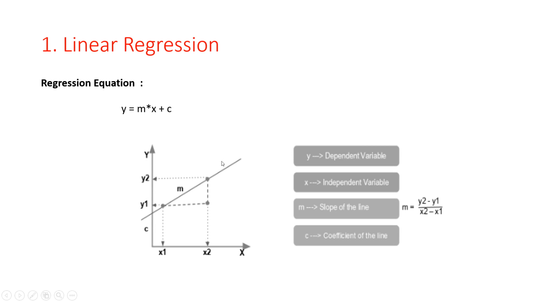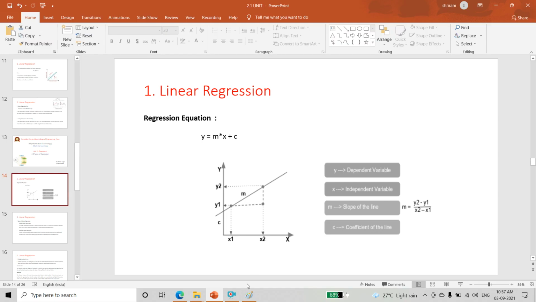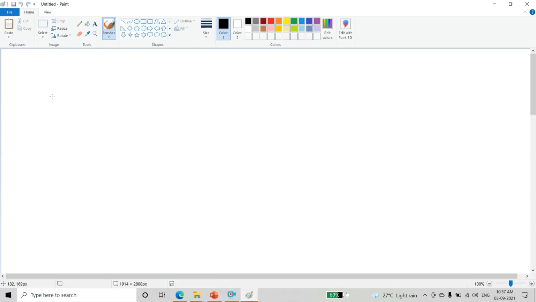Here we have an example of crop yield, where we plot the crop yield based on the amount of rainfall. Rainfall is the independent variable and crop yield is the dependent variable. So consider this graph.